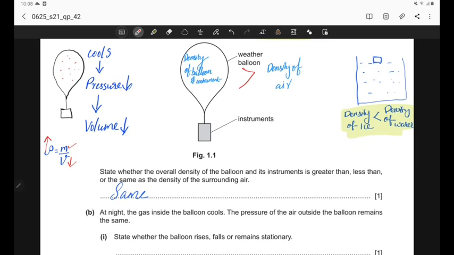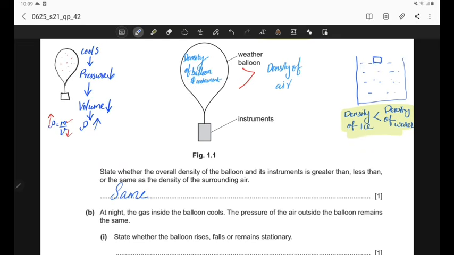When a value at the denominator reduces, the total value will increase, so the density of the air inside the balloon will increase. So we can write: when volume reduces, density will increase. Now the density of the balloon has increased, but the density of the air surrounding it remains constant. So the relation will change now.